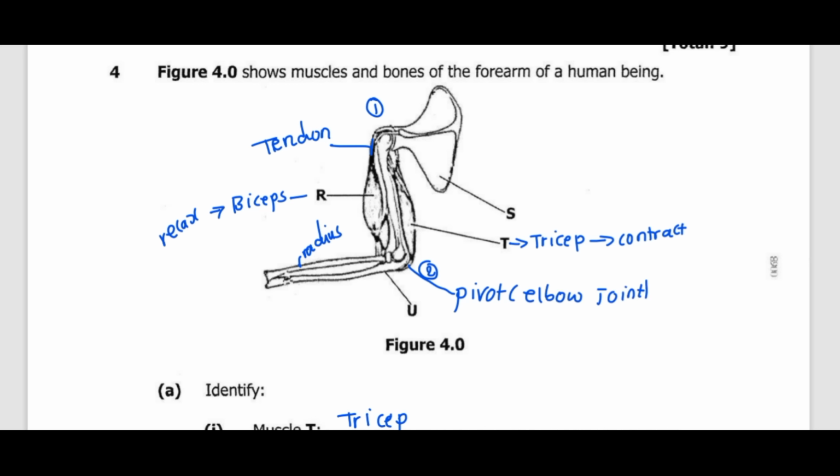Now for A, using letter B for the allele for black coat color and W for the allele for white coat color, show the genotype of the offspring. So the offspring had this roan color. So remember you just have to use the capital letters for the two alleles.